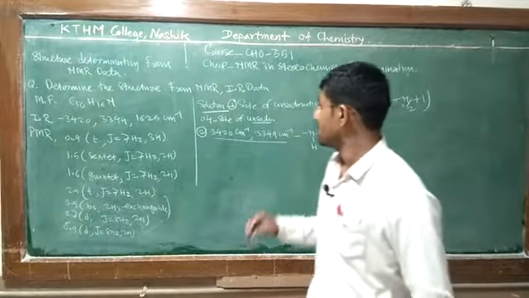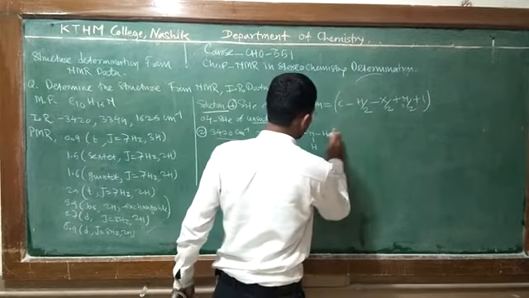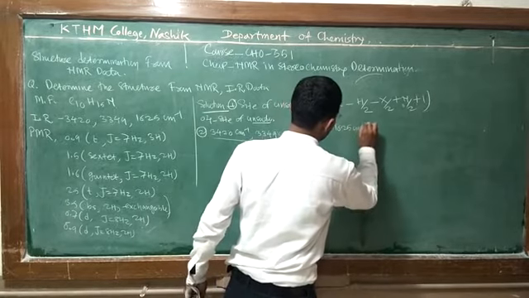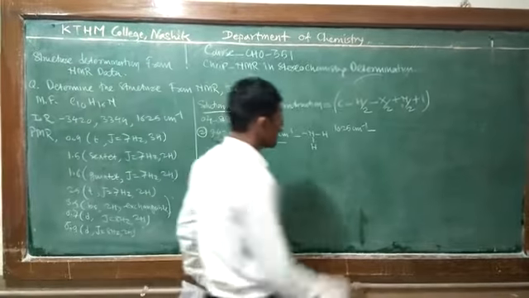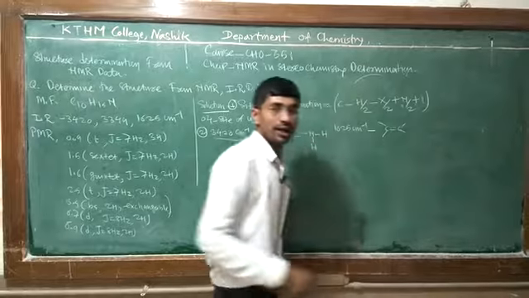Next is 1625. What does this information indicate to us? The 1625 per centimeter indicates that a carbon-carbon double bond stretch is present in our structure, so maybe an aromatic ring is present.